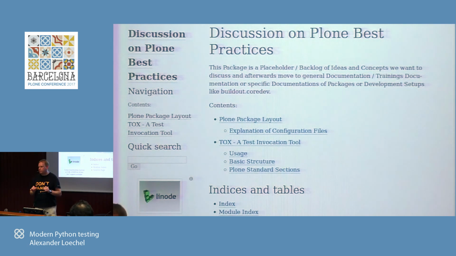Well, it depends. The one thing is that for a source distribution, I always think tests belong in there, but not for a binary distribution. So if we still release source distributions to PyPI, they should contain the documentation and the tests. That's the one thing. For wheels, there's another thing. And the nice thing, if you're using something like pytest, you can have different folders for each of your levels.